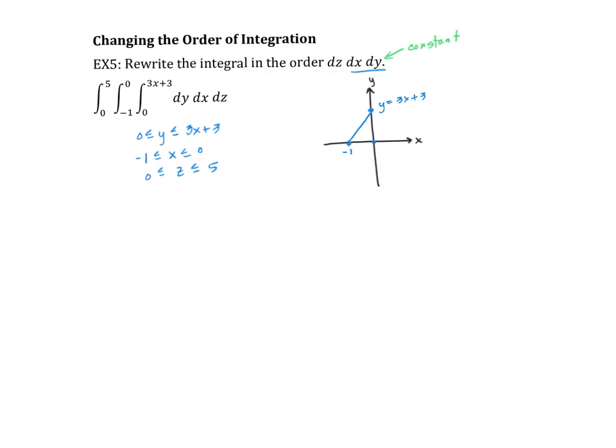So we're going to subtract 3 and divide everything by 3 to get x equal to 1/3 y minus 1. So now my limits of integration for my y values are going to go from 0 to this y value here, which is 3.